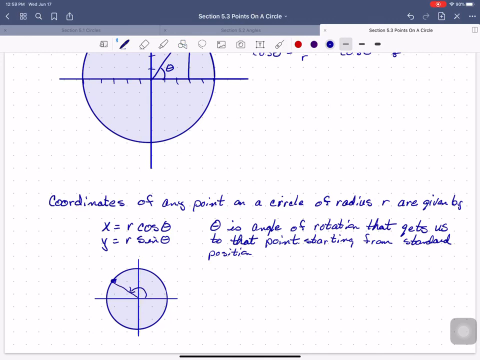This is my angle theta. I can still get to the coordinates. R cosine theta is my x coordinate and r sine theta is my y coordinate. We're going to come back in a minute and talk about an identity, a relationship between sine and cosine, and we'll do some problems.